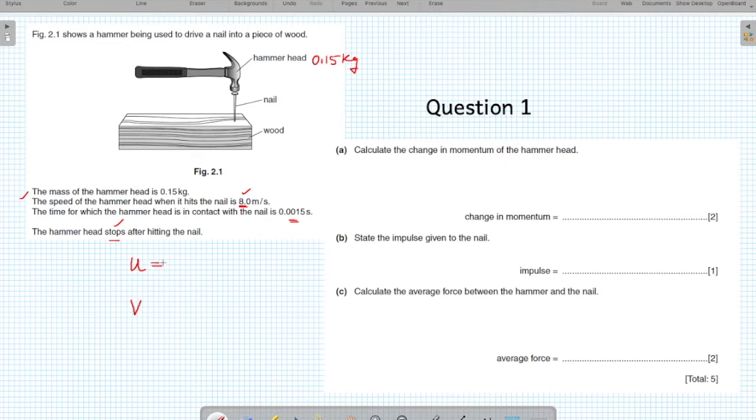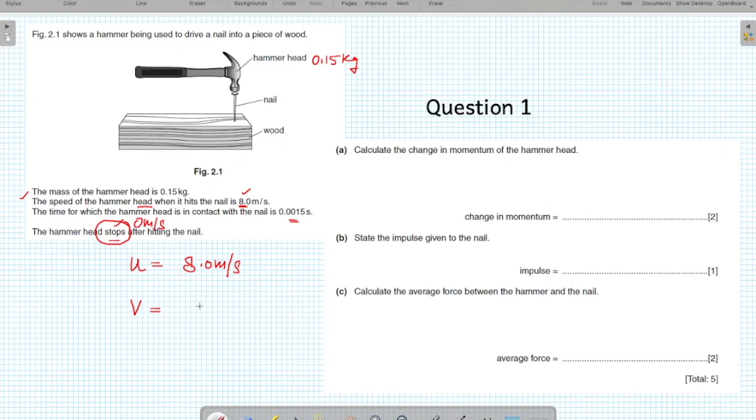Initial velocity, as I always say, is the velocity which was at an earlier point of time. So at an earlier point of time, the hammer was moving. The hammer head was moving at a velocity of 8.0 meters per second. This was your initial velocity, and finally it stopped. Stop means 0 meters per second.